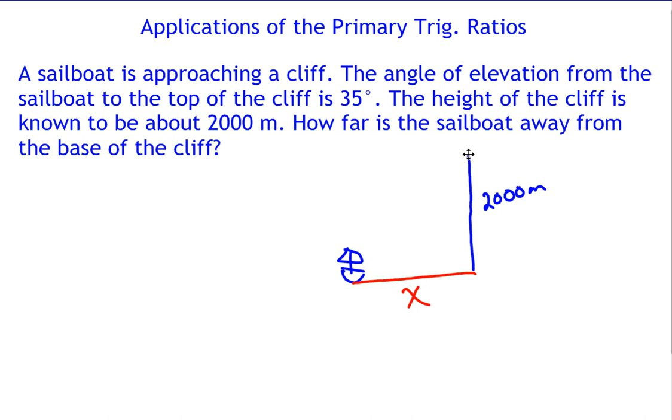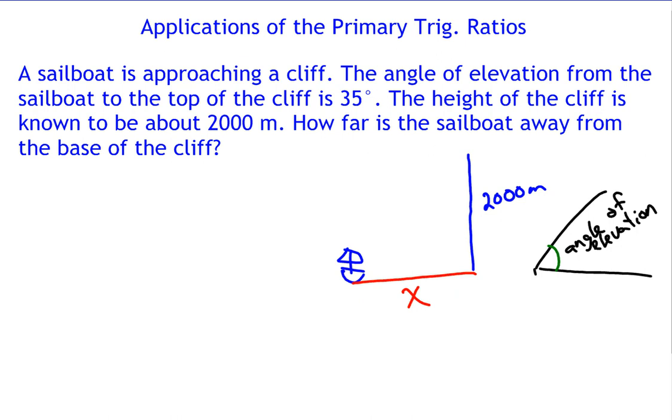So we should talk a little bit about some terminology. The angle of elevation is always measured from the horizon looking up. So from the horizon looking up, this right here would be the angle of elevation. There is another angle that we sometimes hear about or read about in these problems.